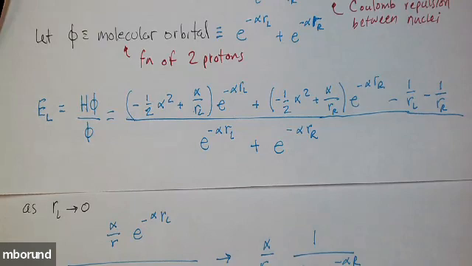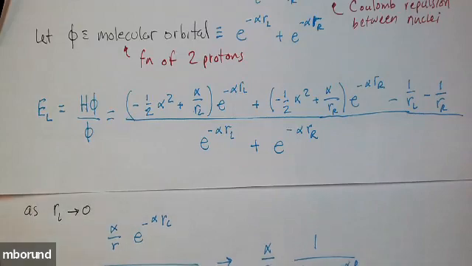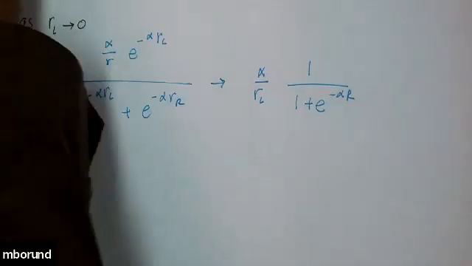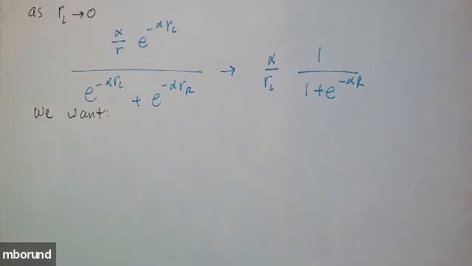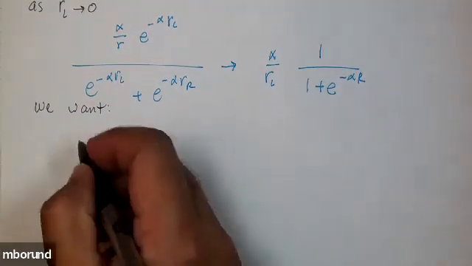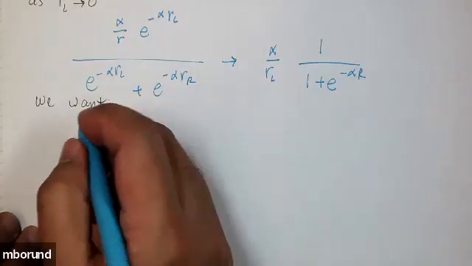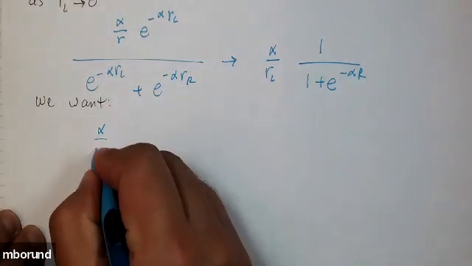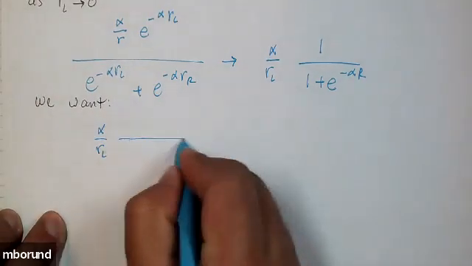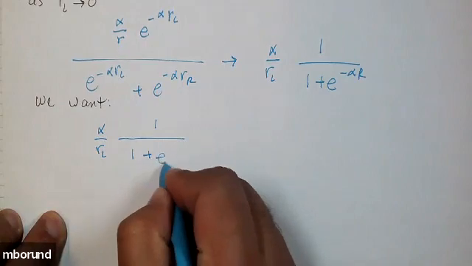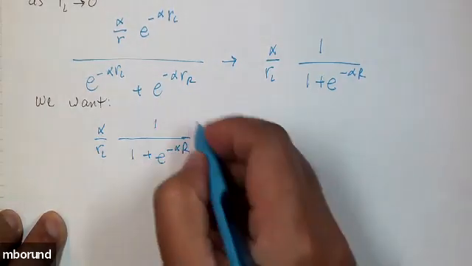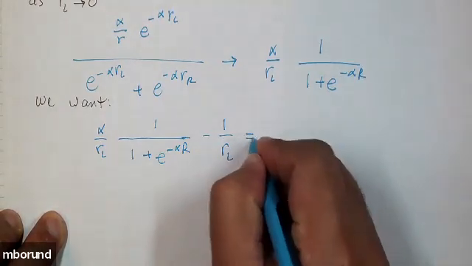So if we do that, what we want at this point is to have alpha RL over 1 plus e to the minus alpha capital R, minus 1 over RL, to be 0.